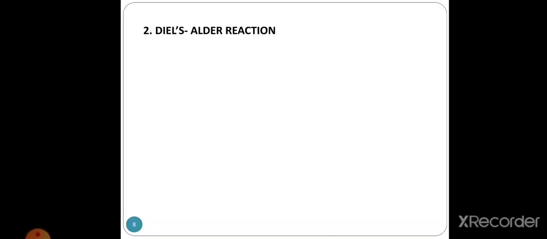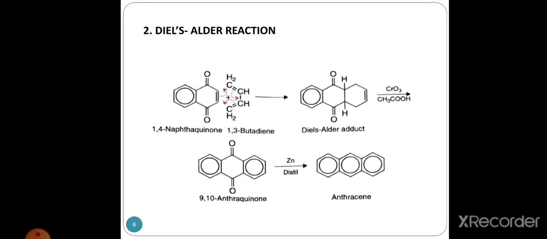Next, Diels-Alder reaction. Here is the scheme of this. This involves the reaction of 1,4-naphthaquinone with 1,3-butadiene.